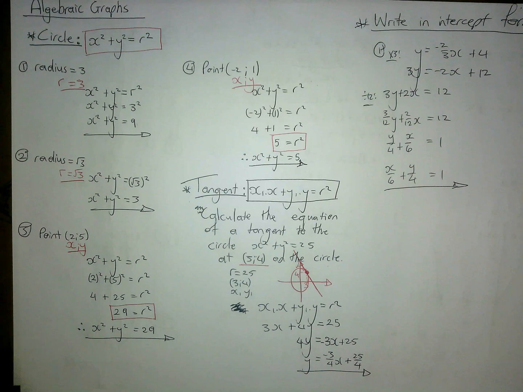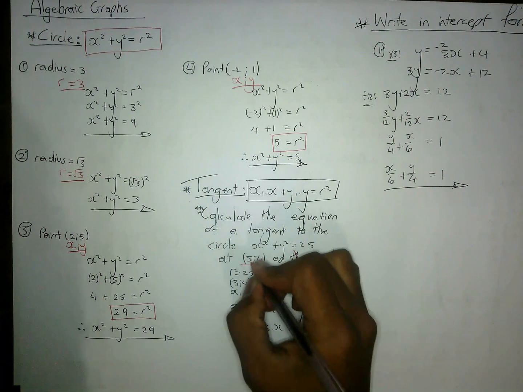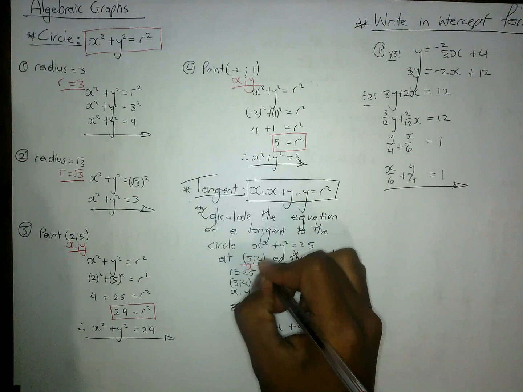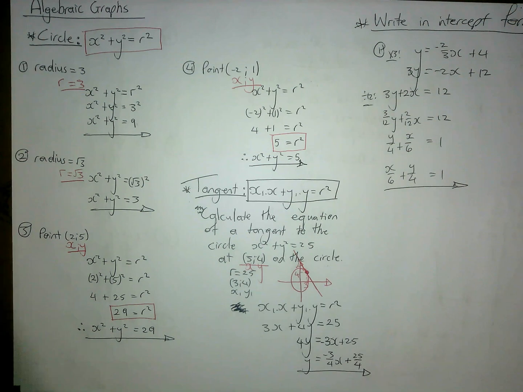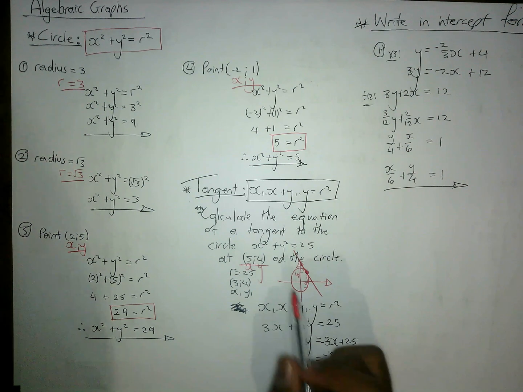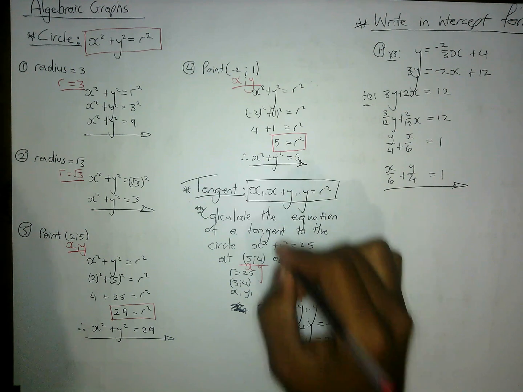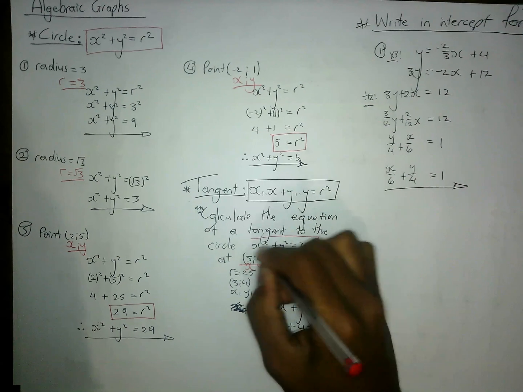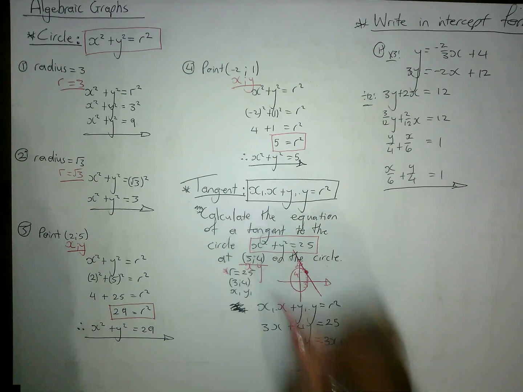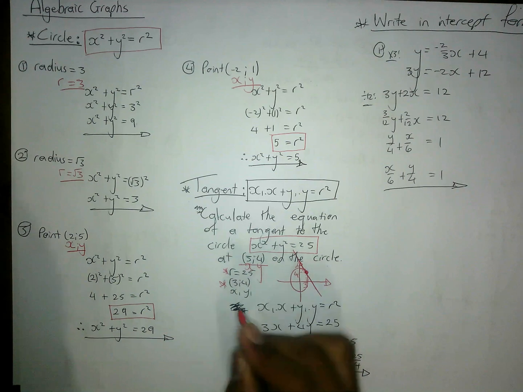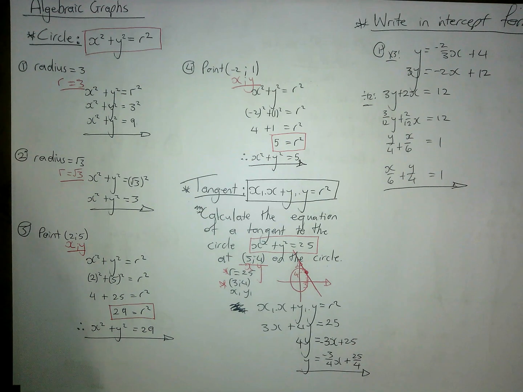Again, this 3 is our x value, and this 4 is our y value. We are given our r squared as 25.